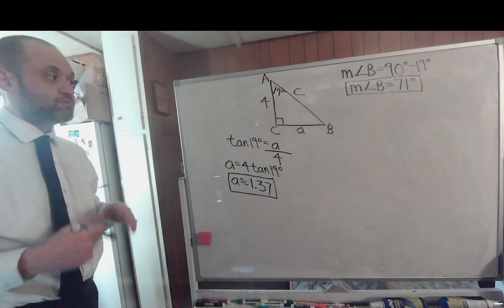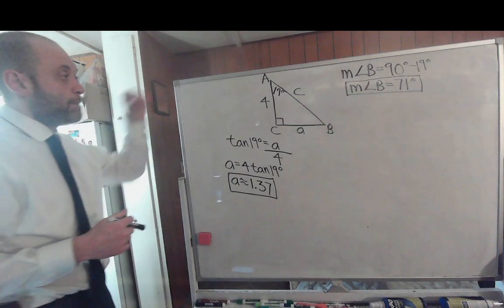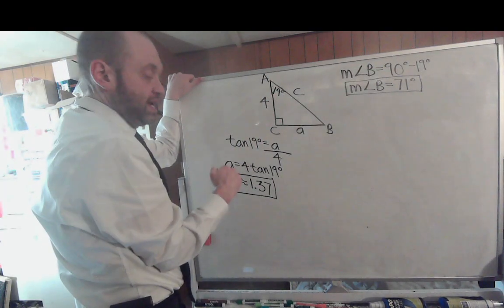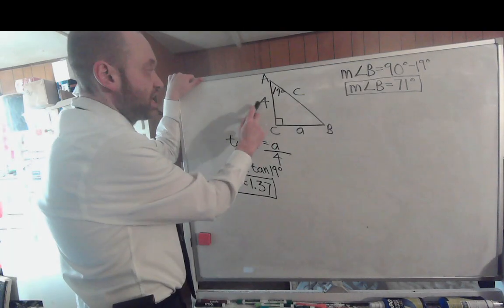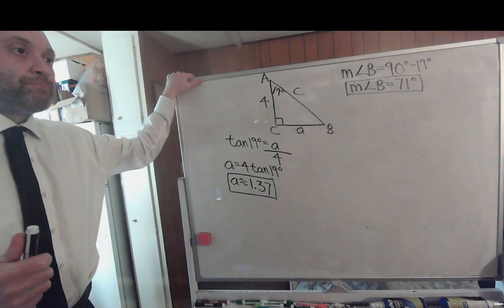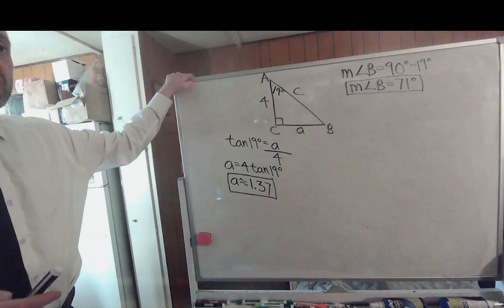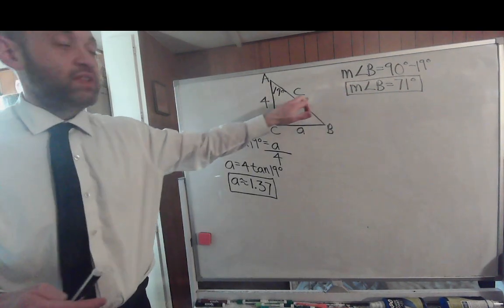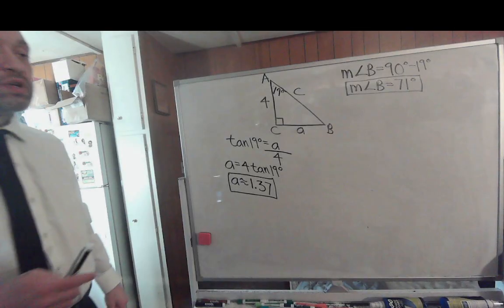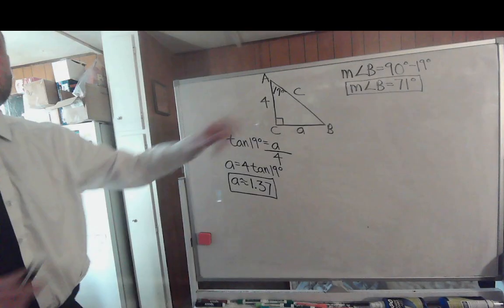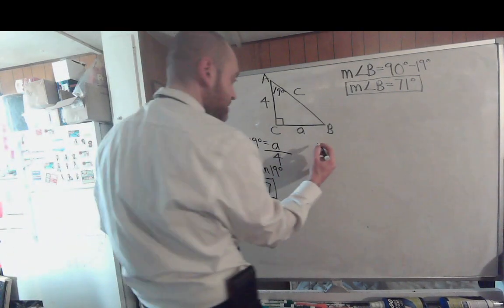So now we can try to find side C. So look at the 19 degrees again, all right? Side 4 is the adjacent side. Is there a relationship between the adjacent side and the hypotenuse? Well, if we did hypotenuse over adjacent, that would be the secant function, right?